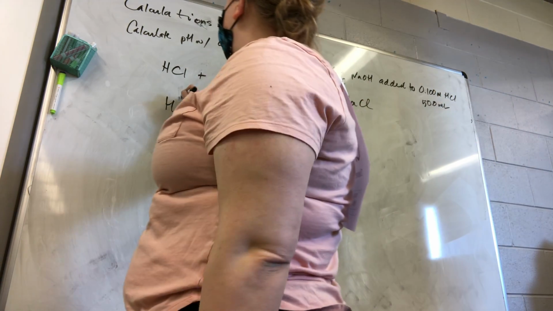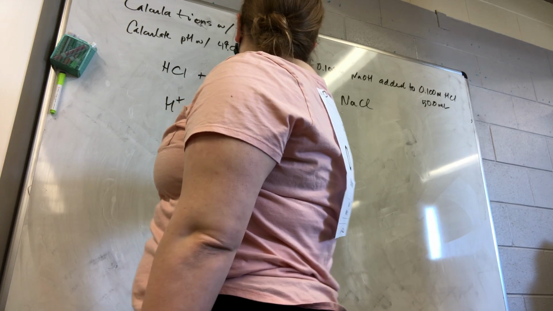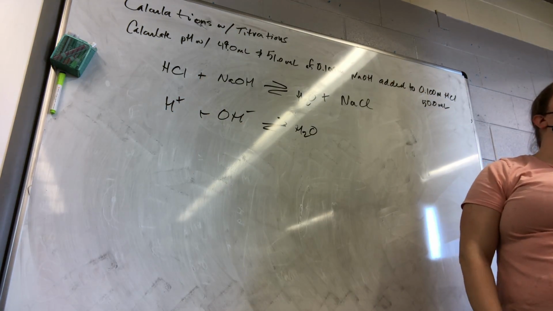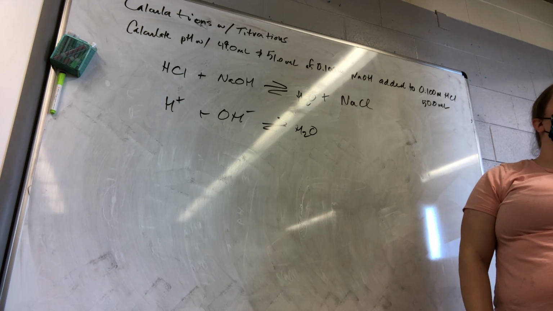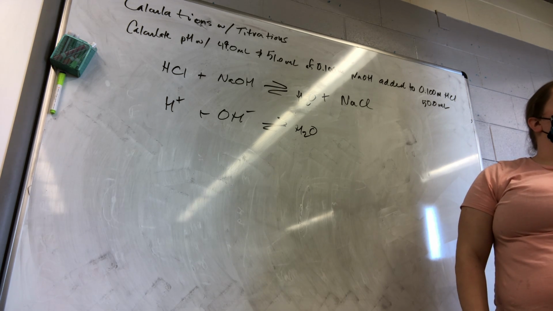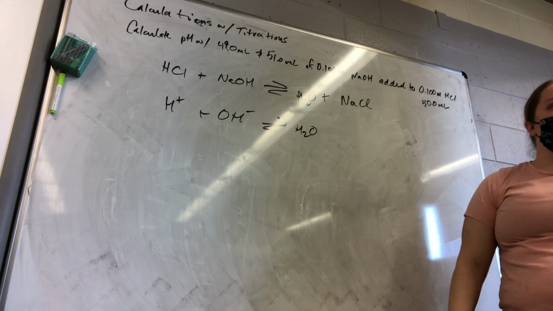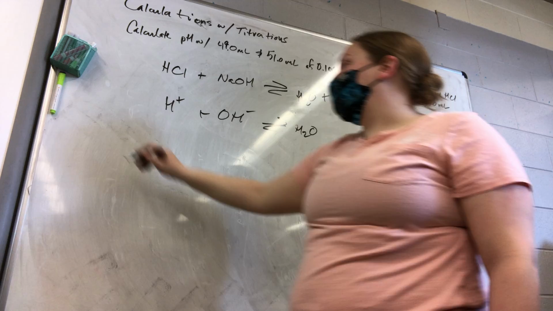In other words, if we're ignoring the things that don't matter, like sodium, chloride, and salt, this is our net ionic equation. Okay? From there, we do an ice table.